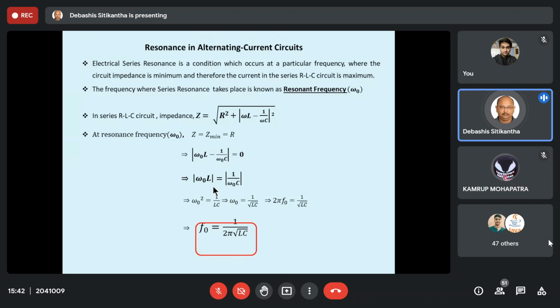Now, since your electrical quantities are also oscillating quantities, in that case, this concept of resonance is also equally applicable to electrical stuff. In a pendulum, the motion is simple harmonic motion. Your AC signals are also harmonic in nature.